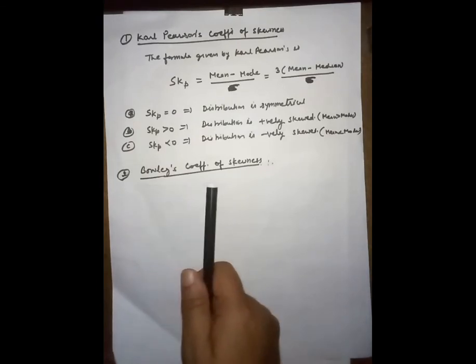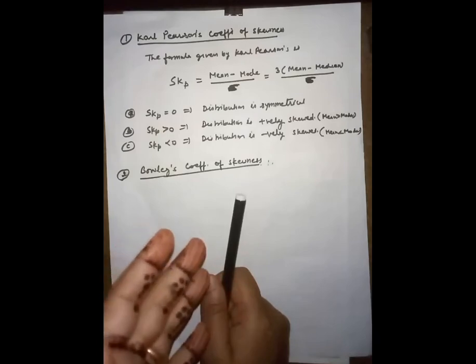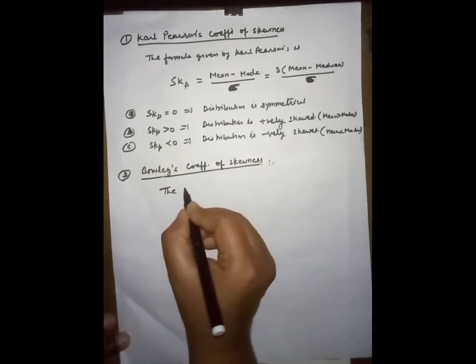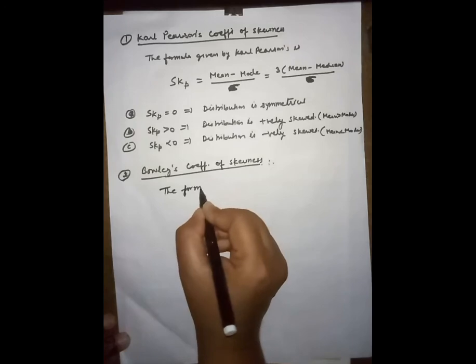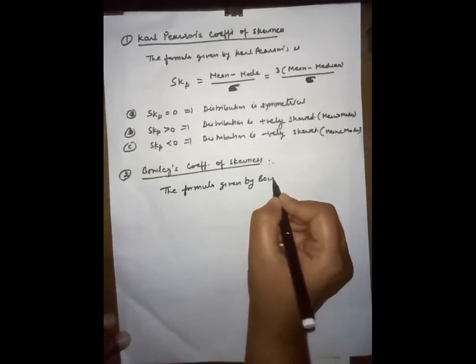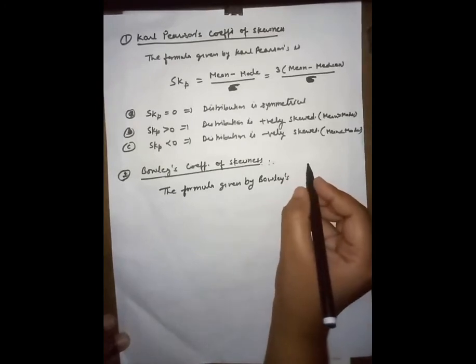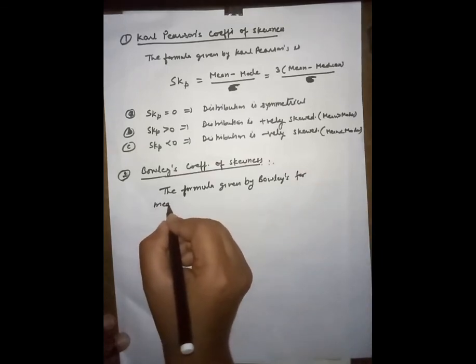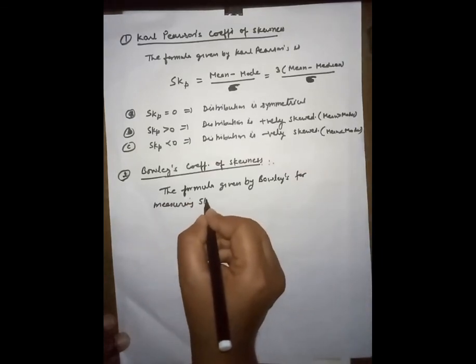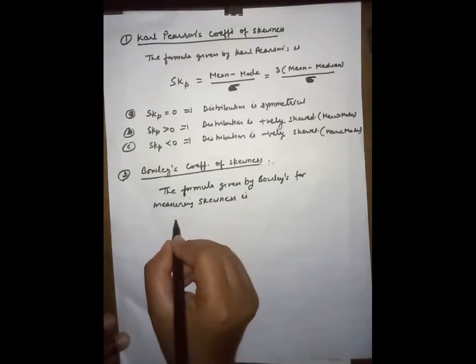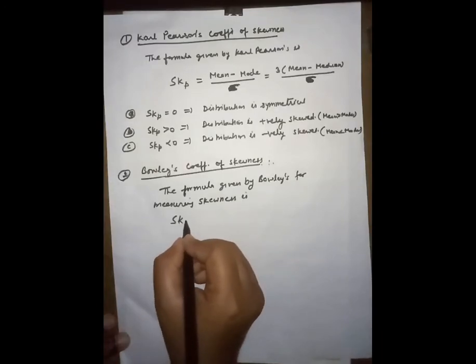The formula for measuring skewness given by Bowley is defined as SKB.